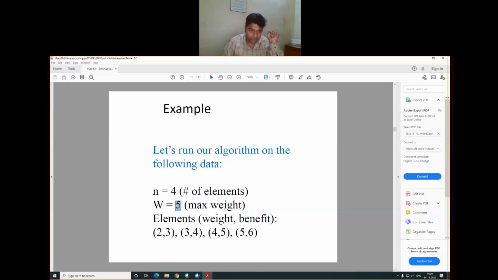And the total capacity of the knapsack, capital W, is 4. So we have W1 V1, W2 V2, W3 V3, W4 V4. Okay, so I think all of you are clear on these parameters.